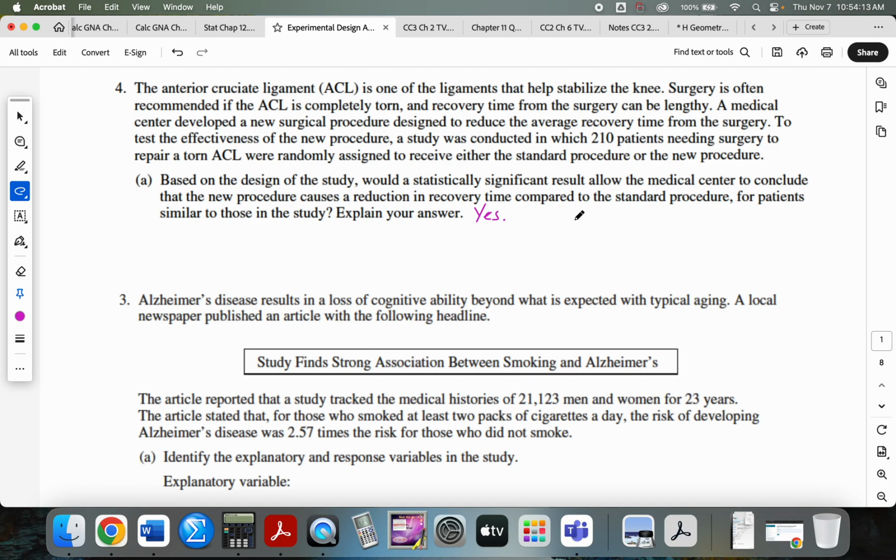Okay. So one of the things we have to do in an experiment, what's one of the primary things we have to do? Randomize. So randomize what? The treatment that's assigned to the subject. Right, random assignment of treatment. Do we have that here?